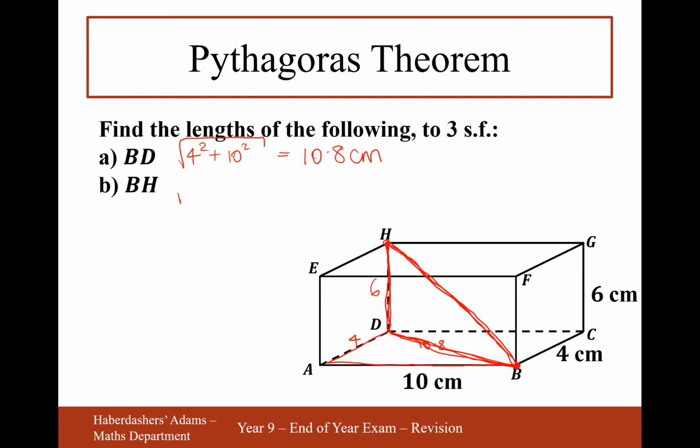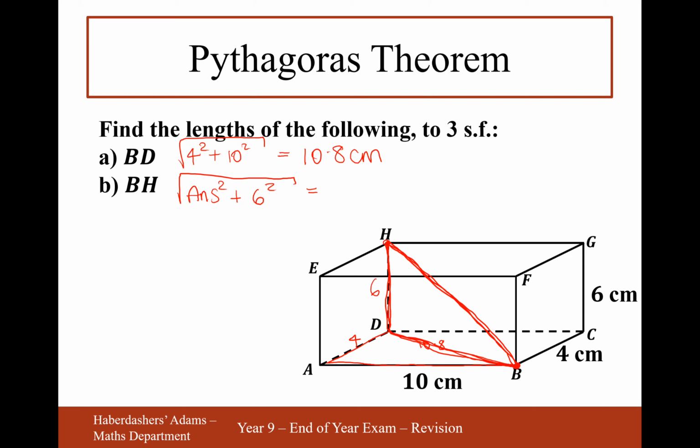So how can I use that exactly in my calculation? Well, what I could do is on the calculator I could write down answer squared. There's a button on your calculator that has answer, and that will use the current answer that's been on your calculator screen. So I'm going to press answer squared, and then I'm going to put plus, the other side is 6 squared, and I'll put it all in a big square root symbol, and that will do the whole calculation all in one go for me, because remember at the end of a Pythagoras calculation you need to square root.